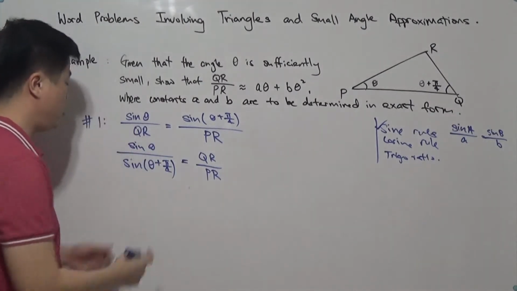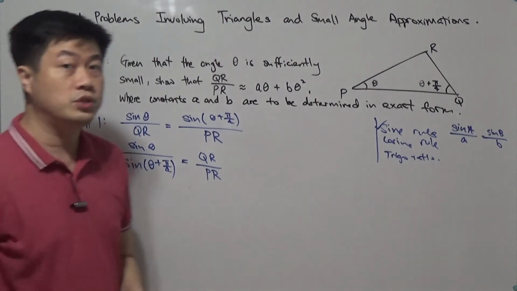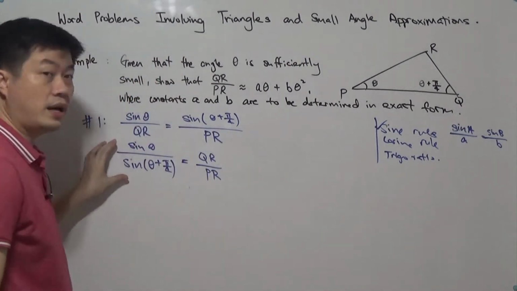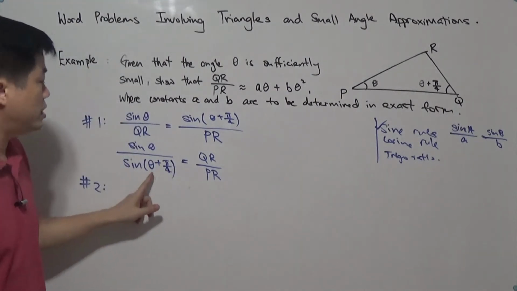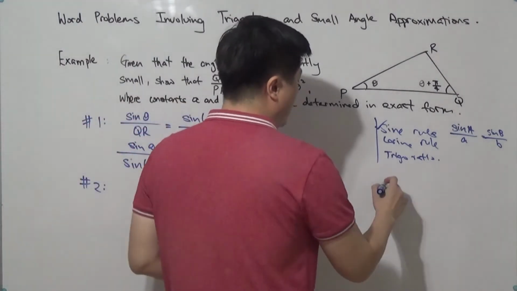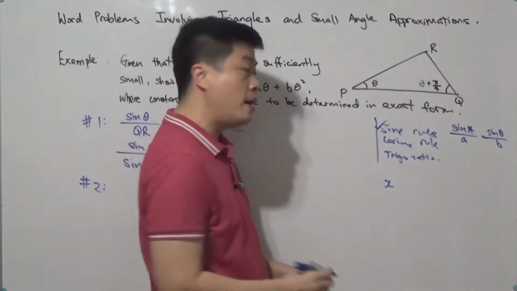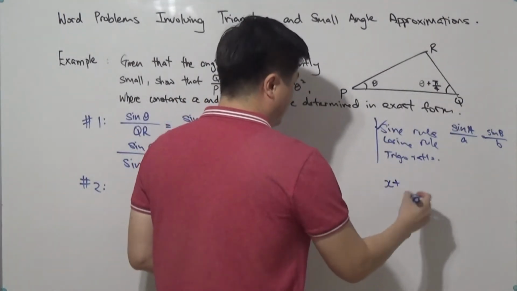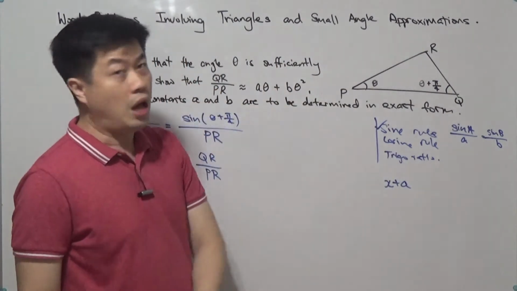Next up, we will use small angle approximation to work on this. There is something important that you need to take note of. Remember in the previous lesson, we talked about when you have an angle x that is sufficiently small, but if you have it added to a constant, then x plus a is not considered small.